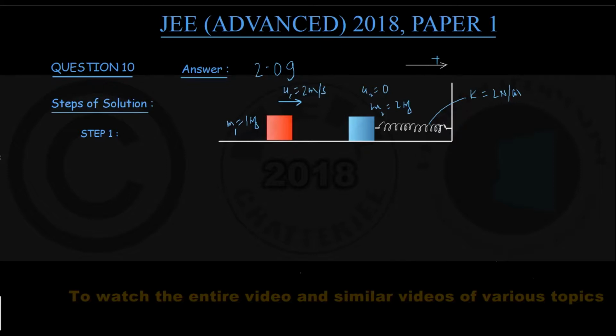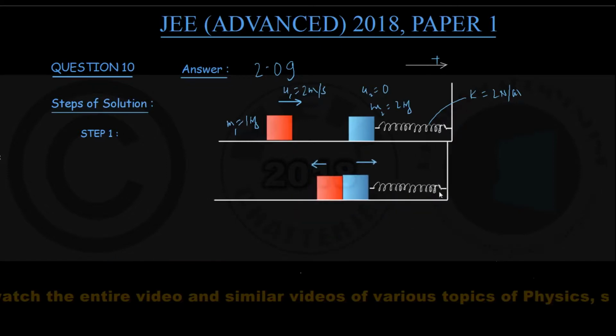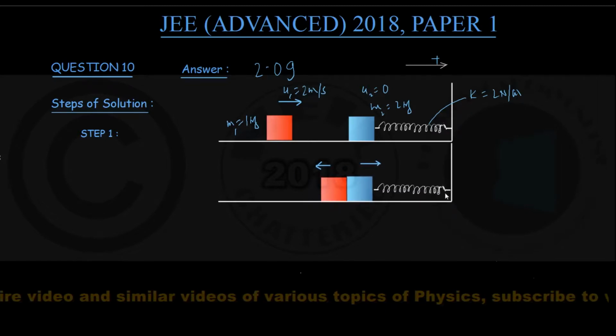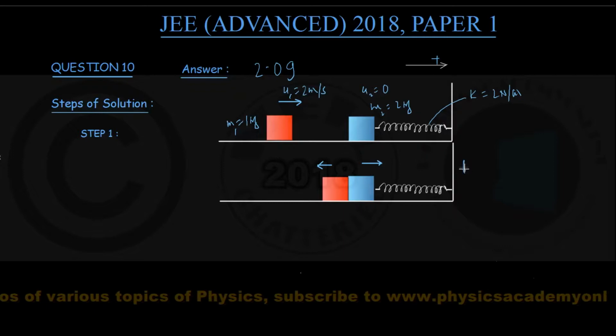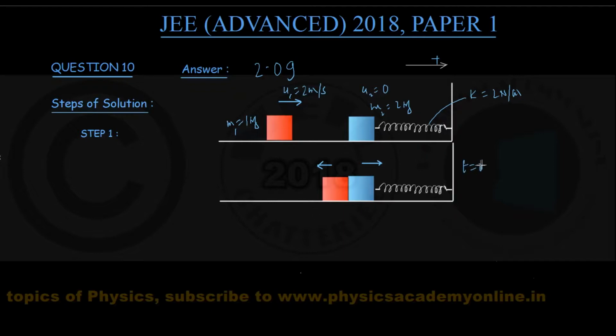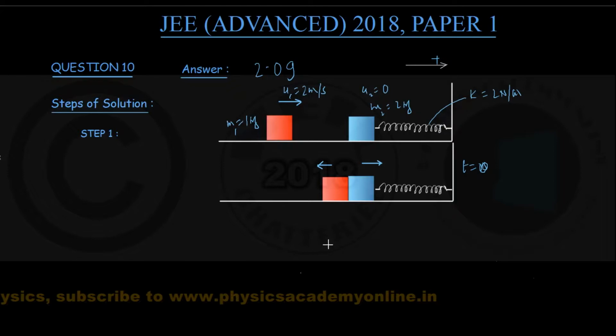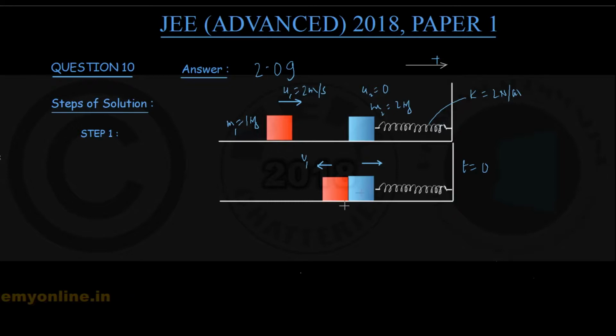Now, in my second figure, I show the collision between the blocks, and suppose it happens at time t equal to 0. Now, after the collision, block number 1 in red color travels with velocity v1, and block number 2 in blue color travels with velocity v2.